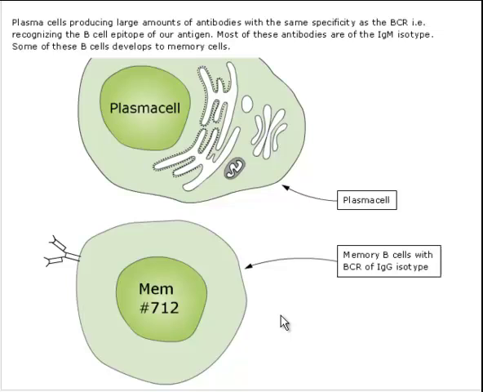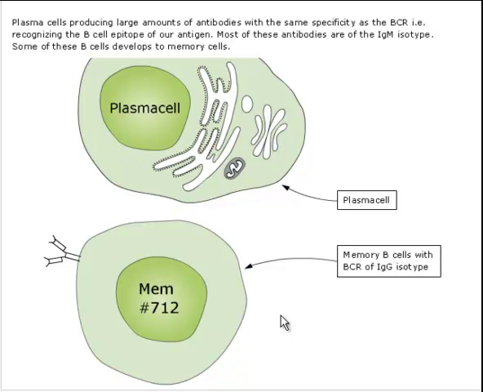So the next time that you're infected by the same bacterium, it usually will not get a foothold because there's a number of these memory cells around. So instead of having maybe 1 in a billion cells that actually recognizes that epitope, you now have 1 in 10,000 of your B cells recognizing that epitope.